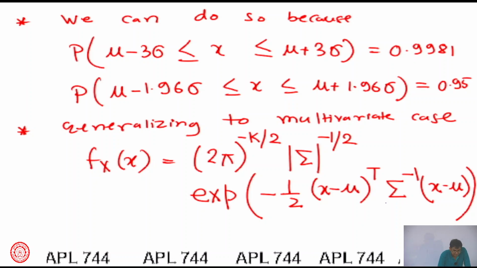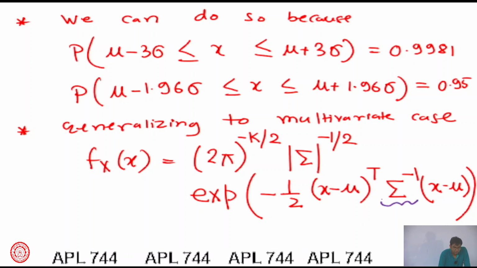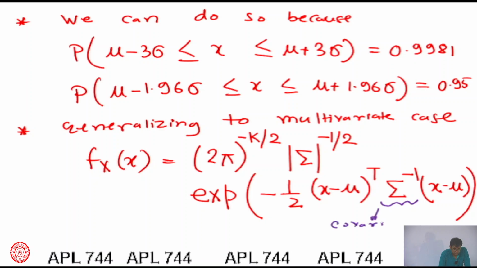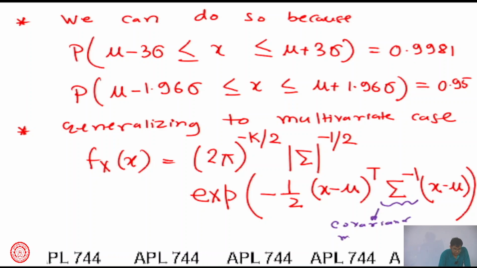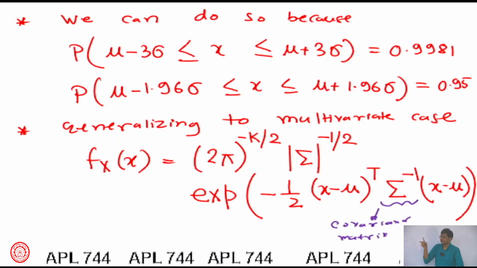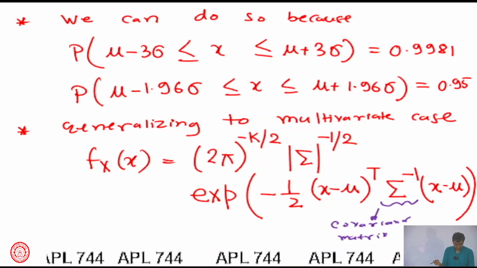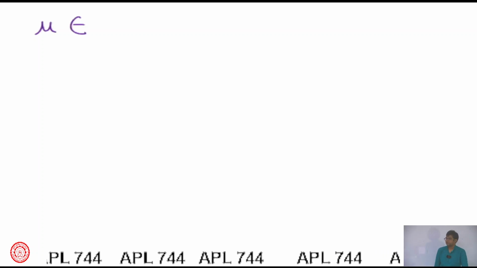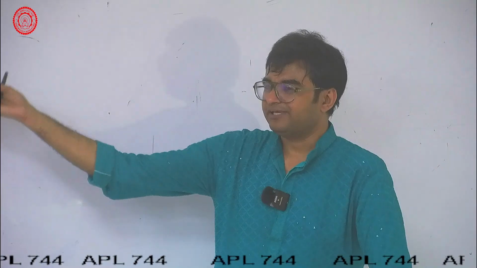Where this sigma is known as my covariance matrix, and mu is known as my mean vector. So what will be the dimension of mu? Remember, I assumed x to be k dimensional. So mu will also be k dimensional.